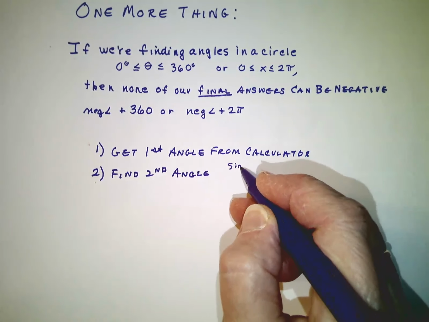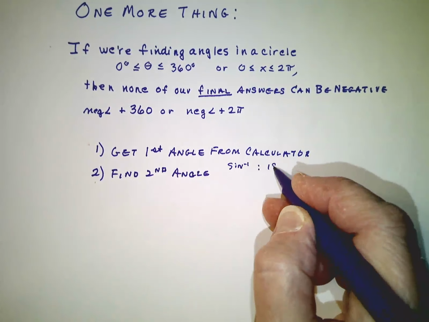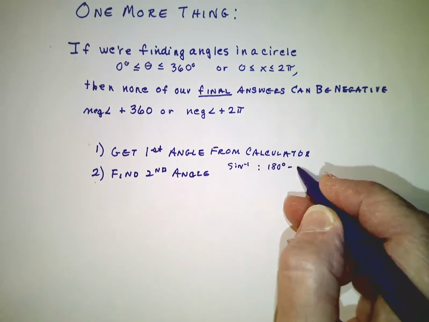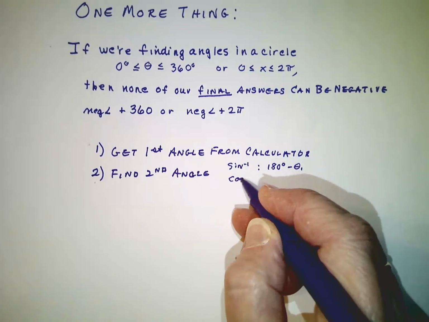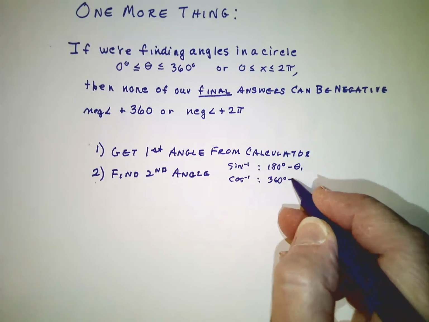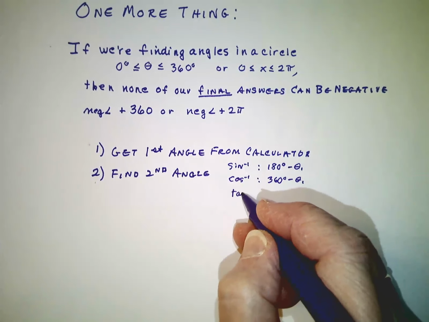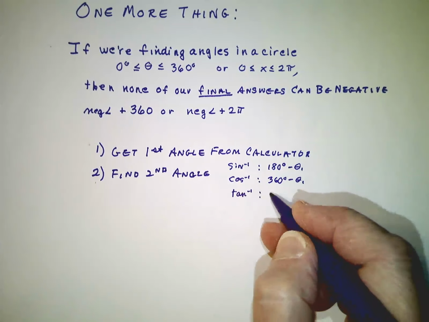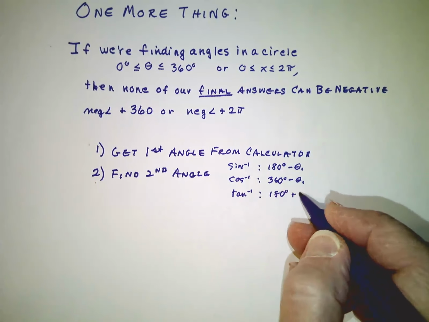Inverse sine, we took 180 minus the first angle. Inverse cosine, we took 360 minus the first angle. Inverse tangent, we took 180 plus the first angle.